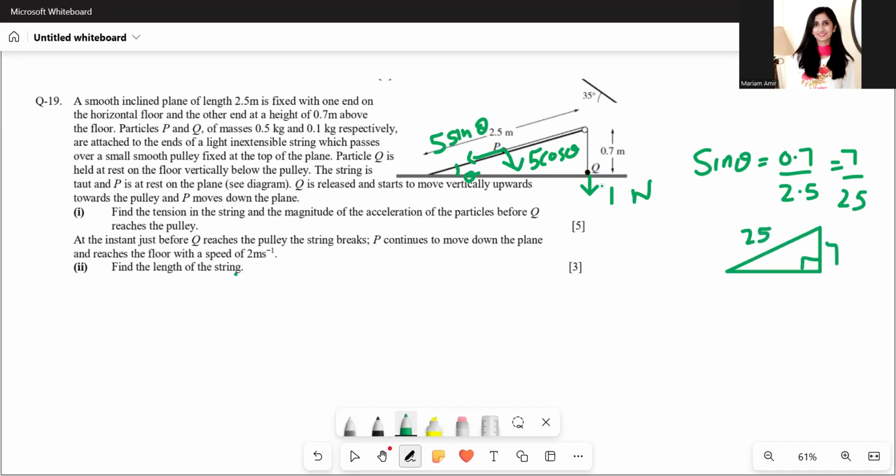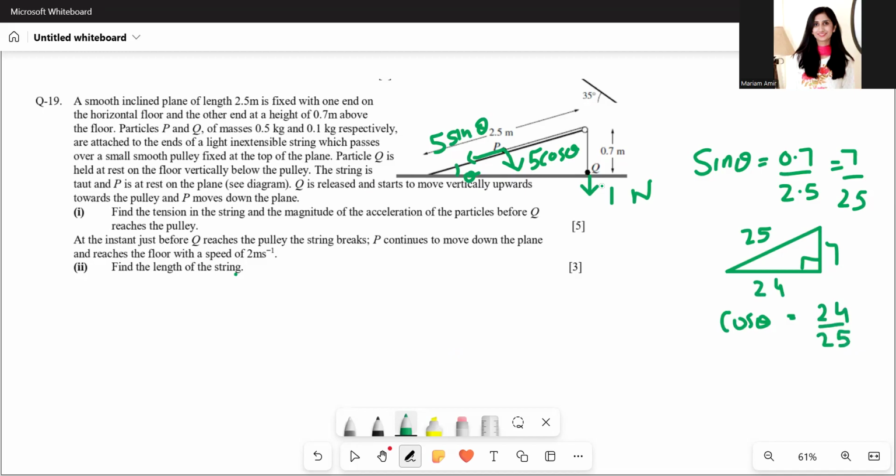You can even apply Pythagoras on 0.7 and 2.5. So 25 squared minus 7 squared and square root of the answer gives me 24. So cos theta is 24 over 25, my bad. Okay.